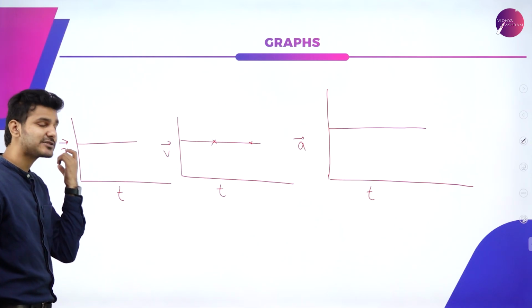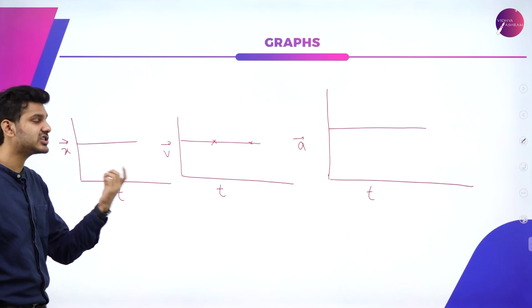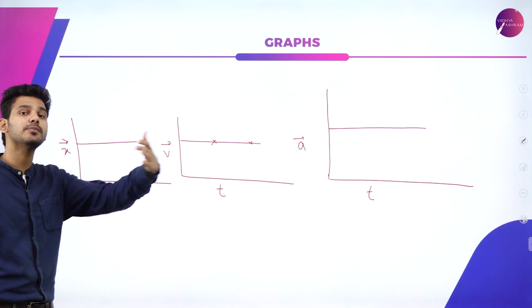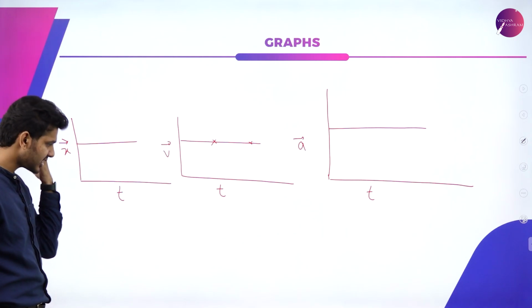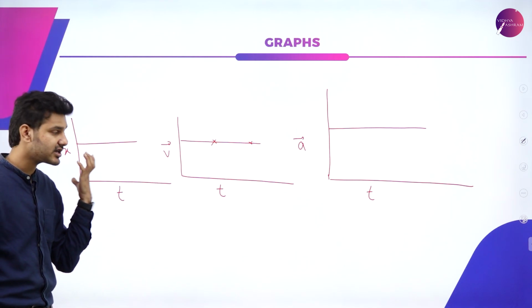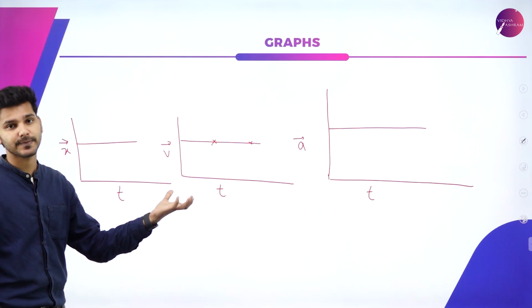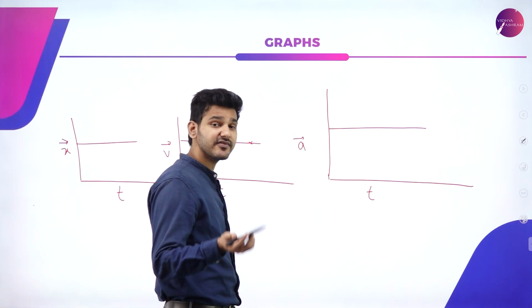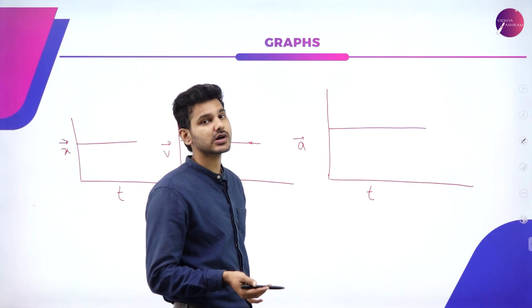And here displacement is changing with respect to time constantly. Something is moving with a steady pace. Then we can say that these particular quantities are constant graphs. The resultant is constant. Or simply we can say that the change in the quantity is zero.